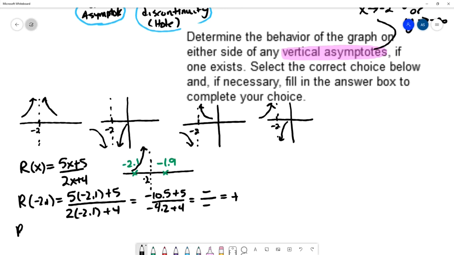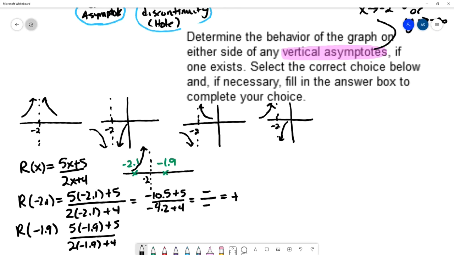So then I'll check -1.9. So 5 times negative 1.9 plus 5 over 2 times negative 1.9 plus 4.